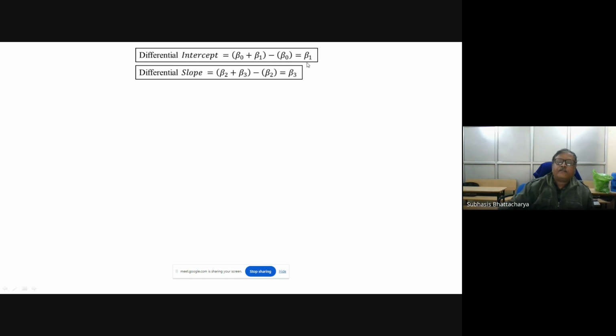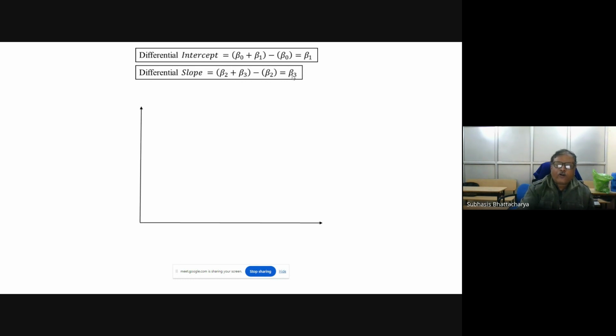But now the differential slope is there. Earlier it was the same, beta 2, but now beta 2 plus beta 3 is the slope for the mean wage of the male category, and beta 2 is the slope of the mean wage for the female category. So the difference of the slope is identified as beta 3.